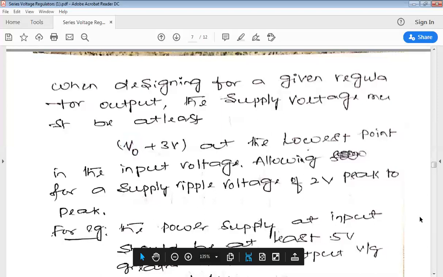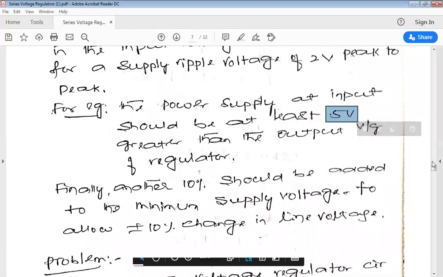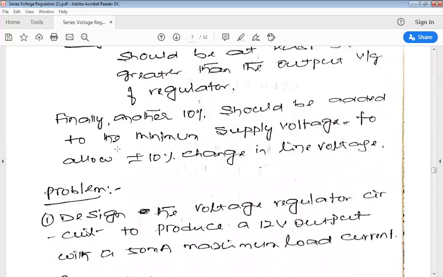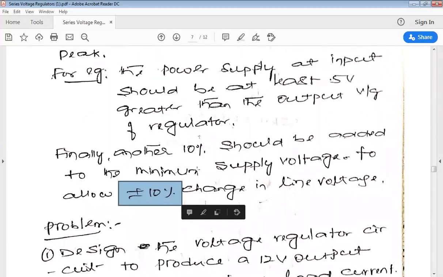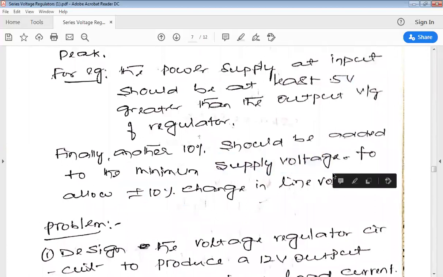That is, for example, the power supply at the input should be at least 5 volts greater than the regulated output voltage. And sometimes we consider plus or minus 10% added to this 5 volts, due to the supply voltage change.